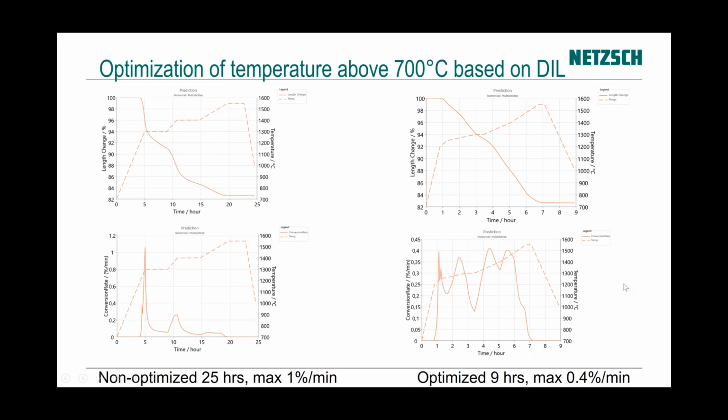As I said, Elena showed you live in our software how to find the points in your actual process based on the information from thermal analysis. Where are the critical points in your material during the debinding and during the sintering process?